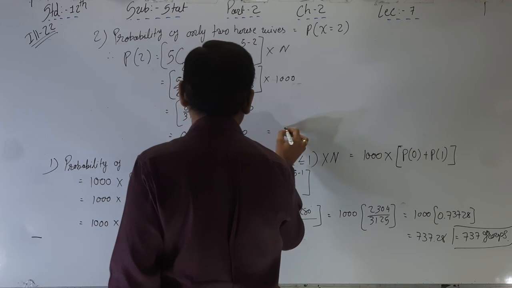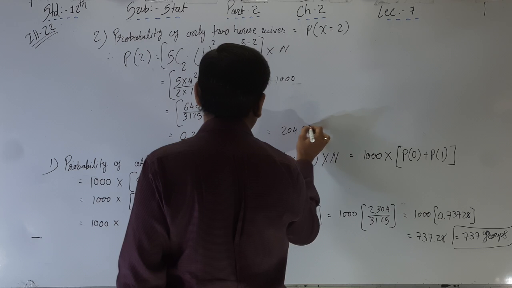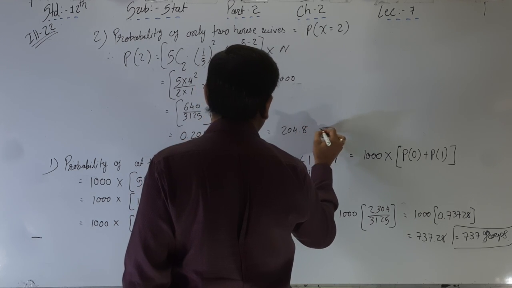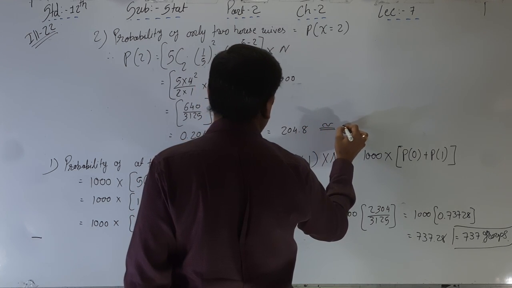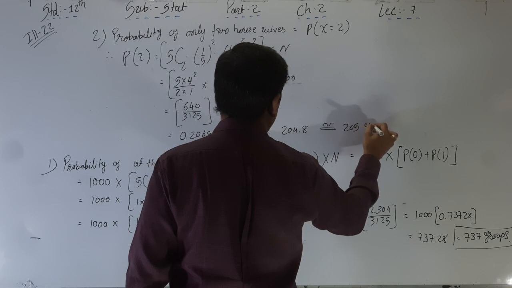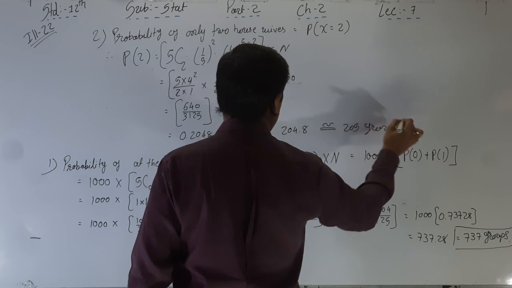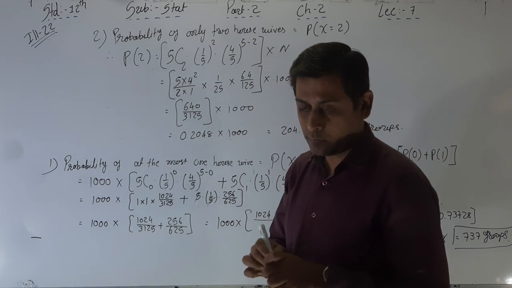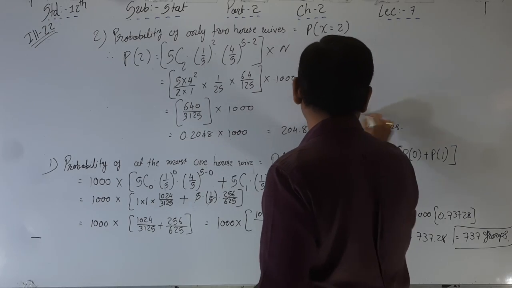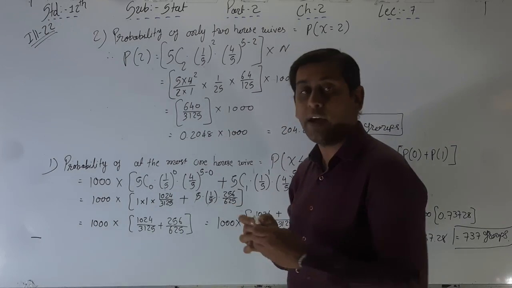That is, the answer is 204.8, or you can say the approximate answer is 205 groups. This is your final answer.